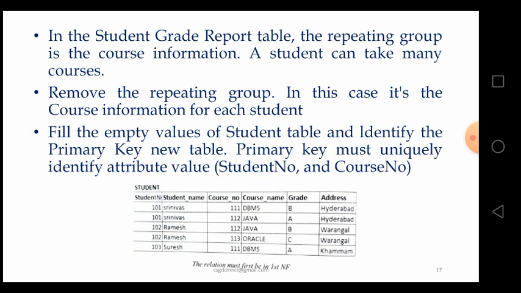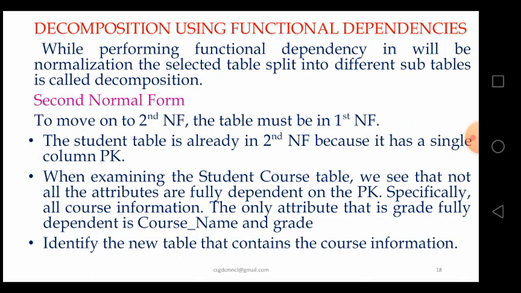That means student Srinivas selected two courses, DBMS and Java, and another student, Ramesh, has taken two courses, Java and Oracle. Ramesh's name is repeated in this table, so the repeated fields can be removed from the table, that is normalization. Next, second normal form.